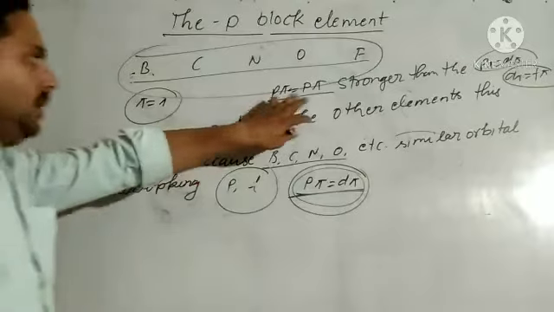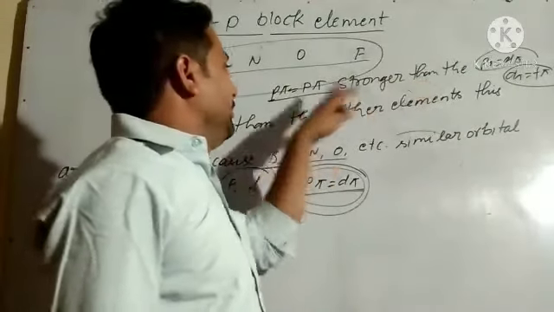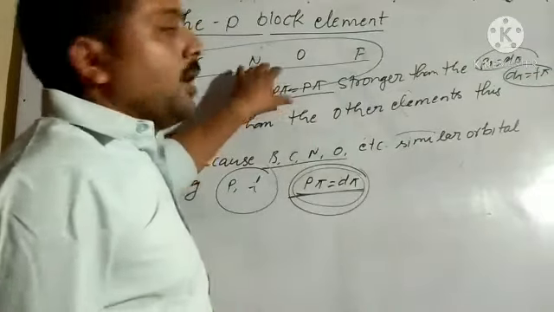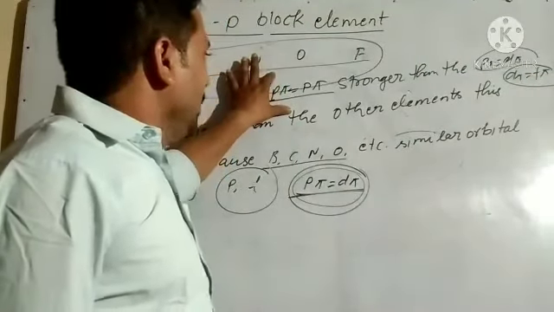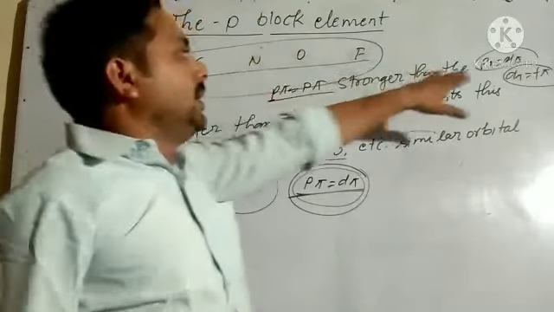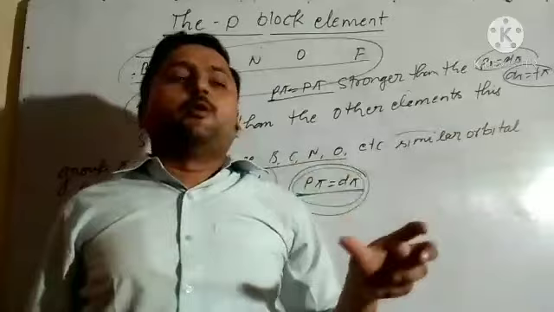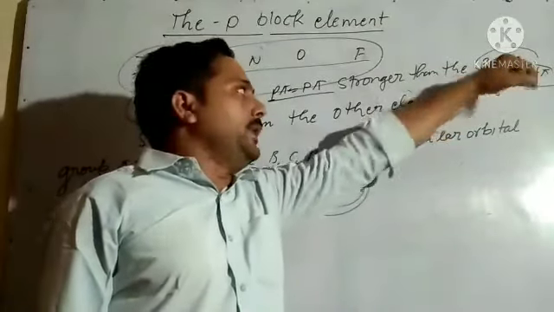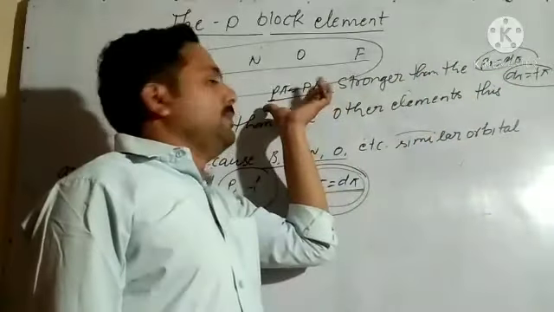Because of this the bond is stronger. Even though all are pi bonds, in the p pi-p pi bond appropriate overlapping takes place due to similar orbitals, but in the others, due to dissimilar orbitals, proper overlapping doesn't take place, so that pi bond is weaker than this p pi-p pi bond.